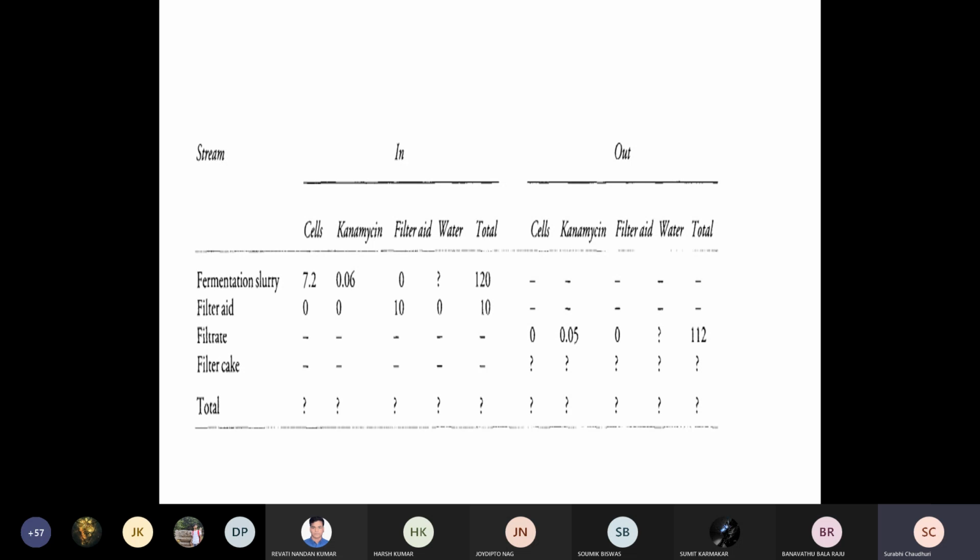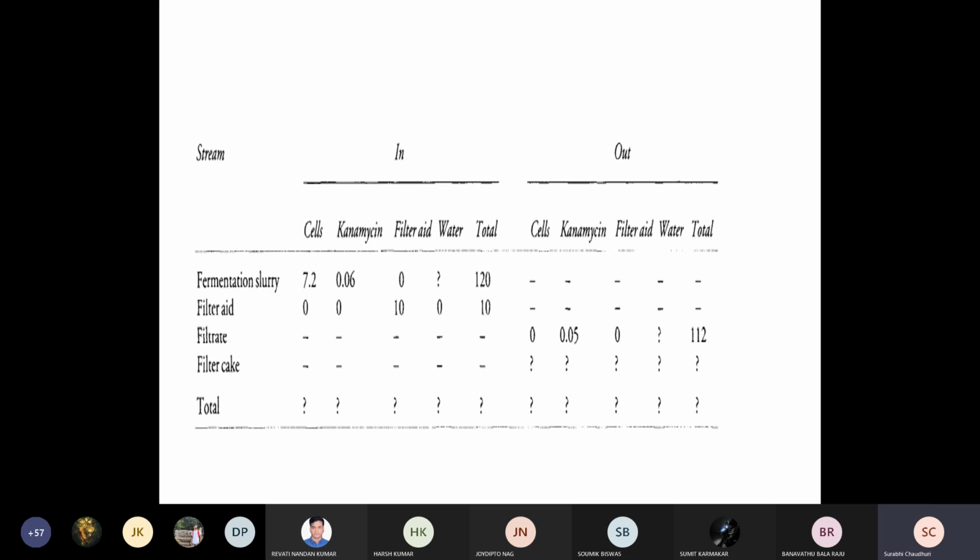That is kanamycin. Filter aid 0. Water we don't know. Total 120. Similarly for filter aid, cells 0, kanamycin 0, filter aid 10, water 0, total 10.